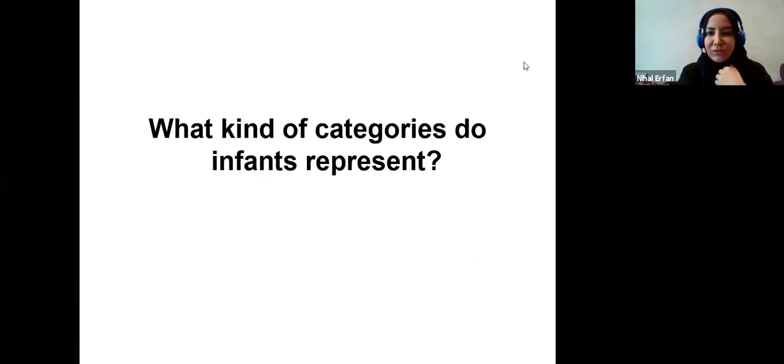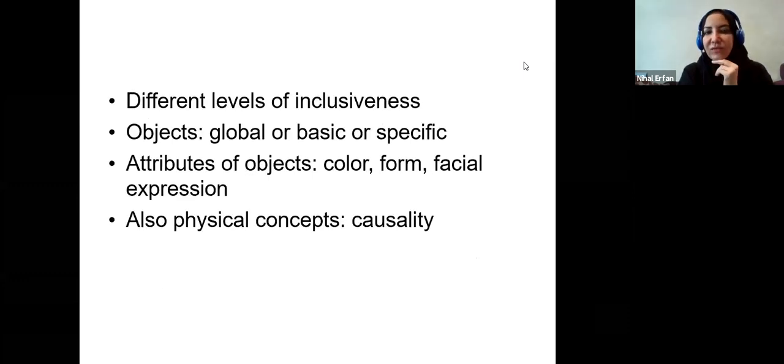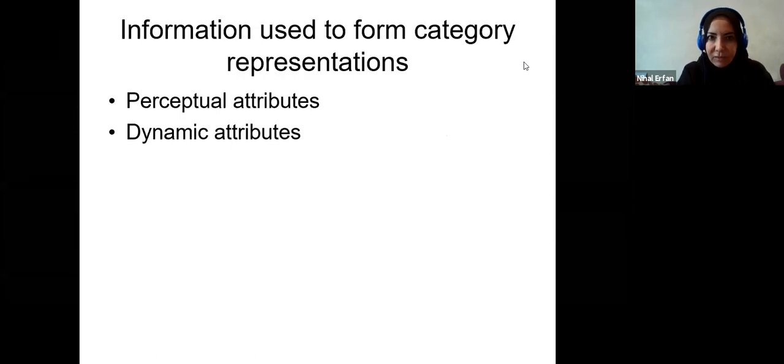So what kind of categories do infants represent? There are different levels of inclusiveness. They could look at global things, basic things, specific things, colors, forms, also based on causality, like the physical concept, if it bounces, if it rolls. So it could be perceptual attributes or dynamic. Perceptual is how it looks and dynamic is how it behaves.